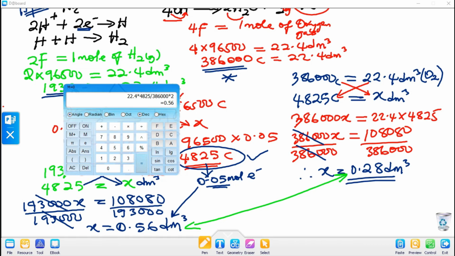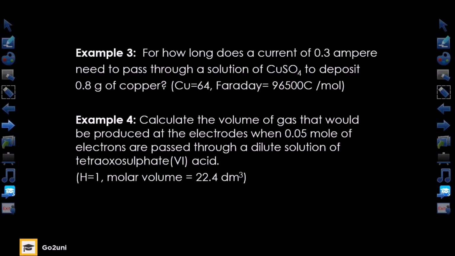We can see that from the question, the volume of oxygen liberated at the anode is 0.28 dm cube, while the volume of hydrogen liberated at the cathode is 0.56 dm cube. So it tells us that the experiment for hydrogen and oxygen when we carry out electrolysis of acidified water is actually correct. The volume of hydrogen is always 2 times the volume of oxygen, and that is actually what it should be. Okay, so we have seen example 4.